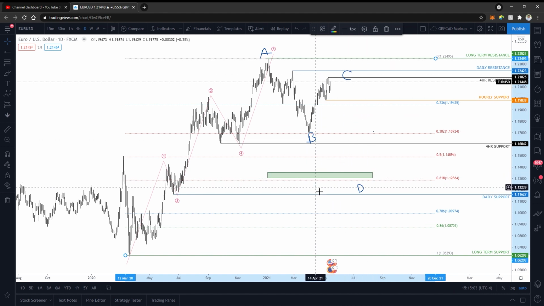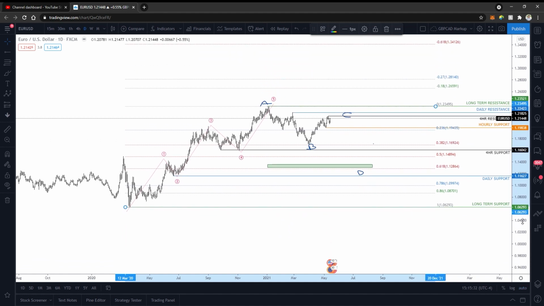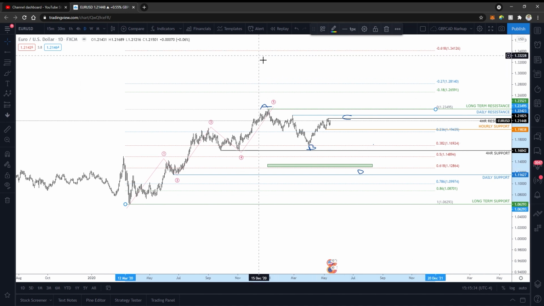So this to me lends me confidence that this is a plausible theory, in my opinion. Of course, we would have to break these lows here in order for this to happen. But I also look at the fact that price reacted at the 382 level, which is here. So I know that price can move off of this level and it can hit the 618 extension off of this level. The 618 extension is at 134.